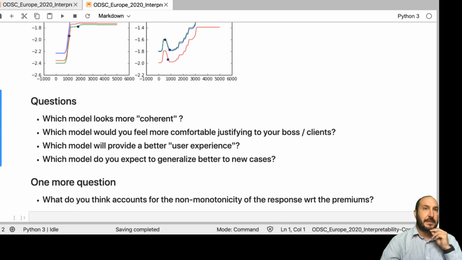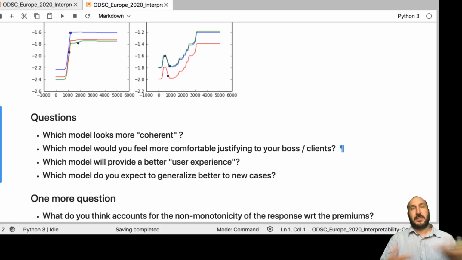And another question: which model will provide a better user experience? So remember, there's someone at the end who's going to be seeing the end results of these models, and inevitably, if you have a model with a really jagged performance like that first one, someone will say, "Hey, these two people are exactly the same, except this one's paying $10 more for their auto premium than the other one, but they have wildly different predictions.